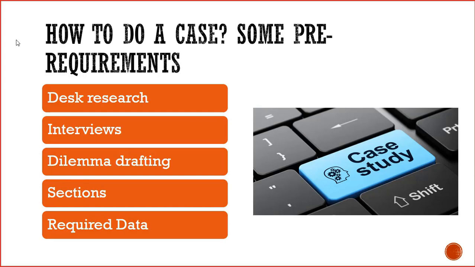Now, how it happens, desk research, as an academician, how you can start. There are two kinds of case studies. One is based on primary data, and the second is based on secondary data. Primary data requires an interview with the officials of a company or the person involved.